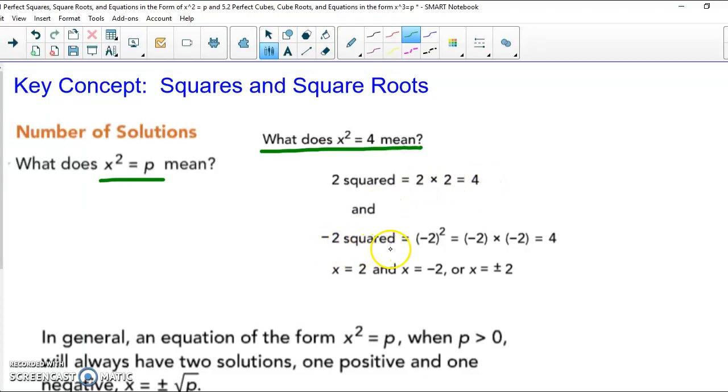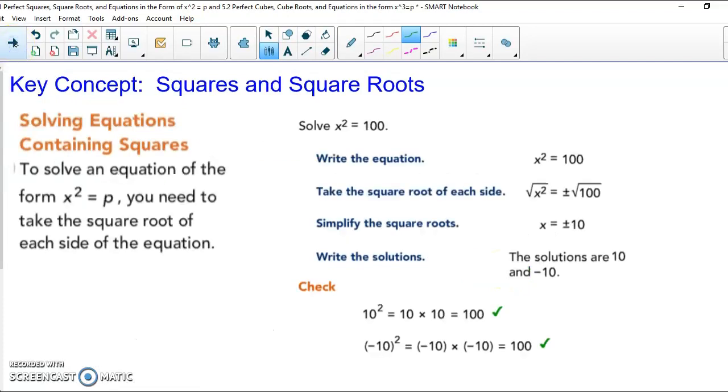And negative 2 squared equals negative 2 times negative 2, which is also 4. So x equals 2 and x equals negative 2 would both be solutions. Or, like we talked about on the previous screen, the simple way to write that is x equals plus or minus 2. So that's a key concept for you to pull away, but I want to show you how we'll actually use this in an equation.